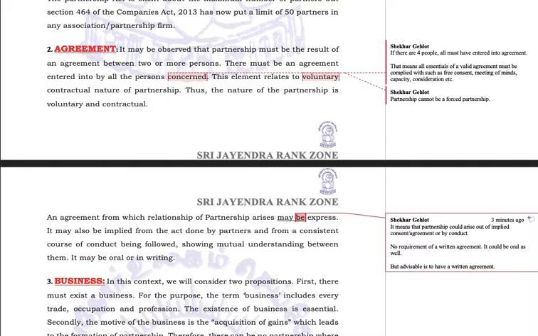Any party may back off from anything, and then the other party may find it difficult to prove the factum of the oral agreement. Therefore, it is always advisable that people enter into a written partnership. When they are entering into a partnership, they should get a written partnership deed, otherwise they are going to face difficulties.